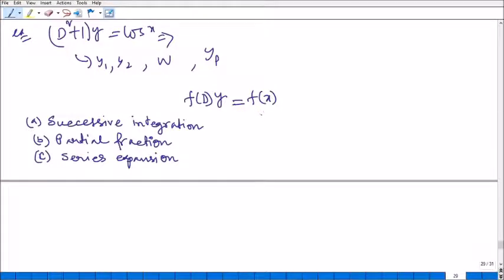And now we will discuss some tricks and formulas and the suitable technique of solving the non-homogeneous differential equation depending on the type of this function f. This function f can be either a single function of x or a product of two functions.